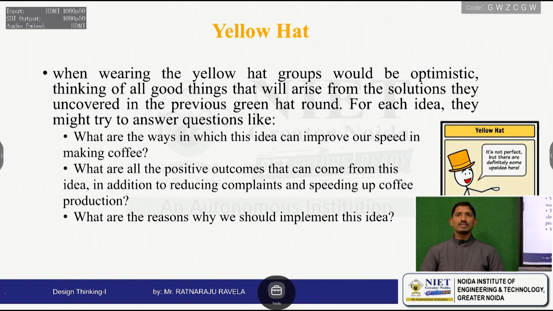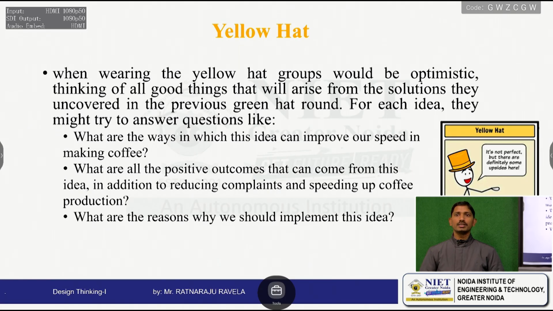So here, the person who is wearing the yellow hat, for each idea, might try to answer questions like, what are the ways in which this idea can improve our speed in making coffee? What are the positive outcomes that can come from this idea in addition to reducing complaints and speeding up coffee production?